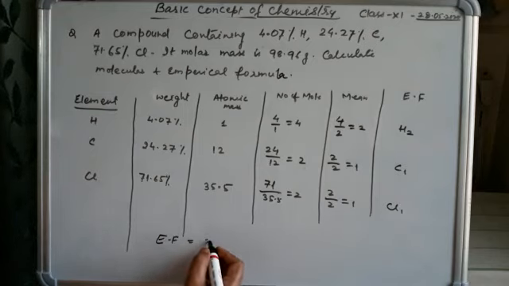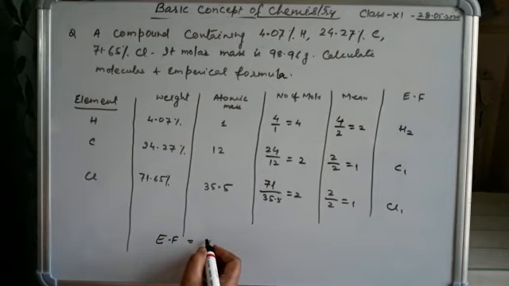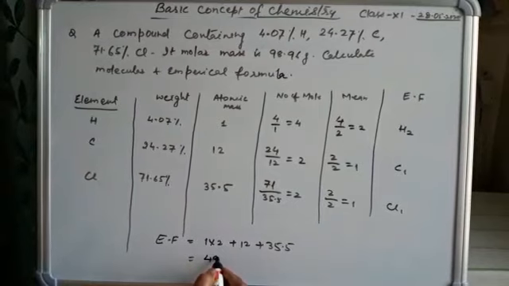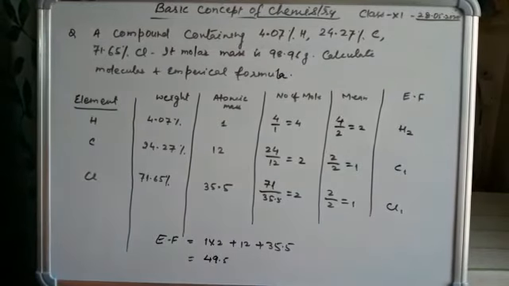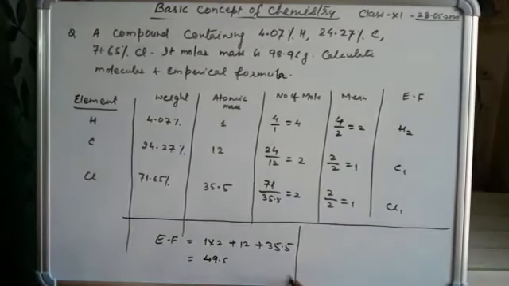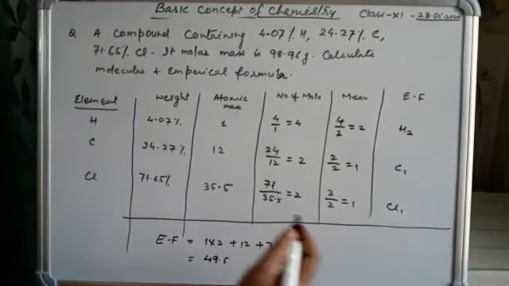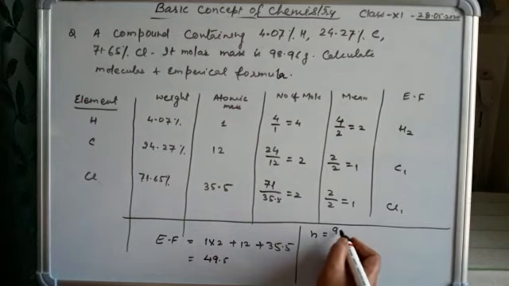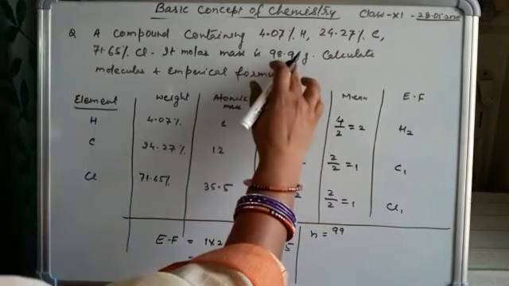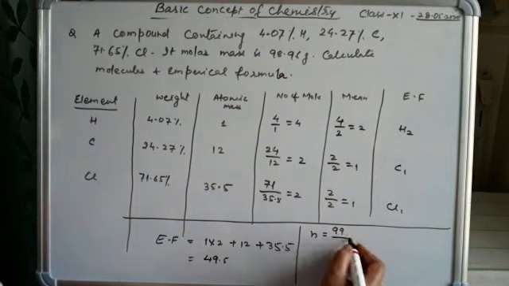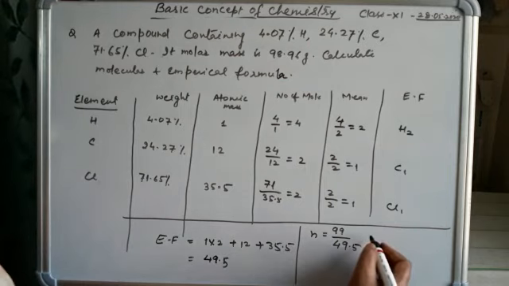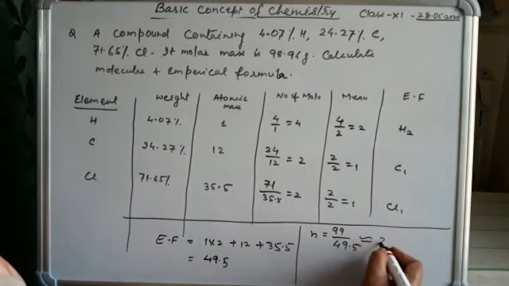So the empirical mass comes to 12 plus 2 plus 35.5, which is 49.5. So n becomes 98.9, we take 99, by 49.5. 99 by 49.5 equals 2 approx.